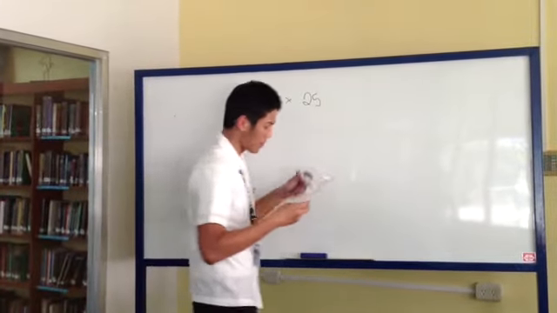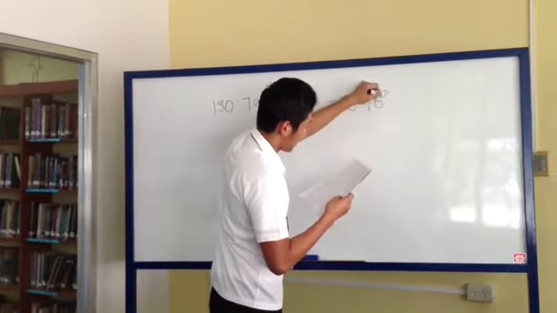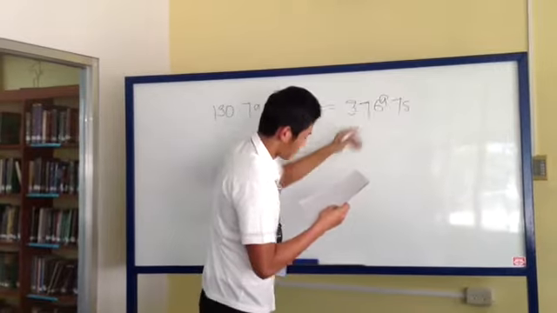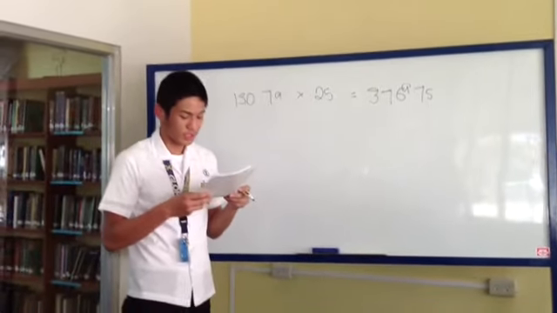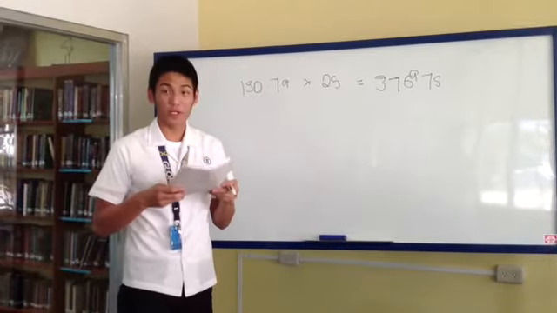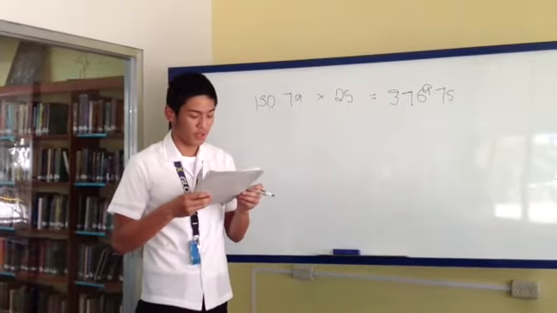Then this would be equal to 3,769.75, which is the total, and we have to subtract this from the space of the box, which is 3,840.